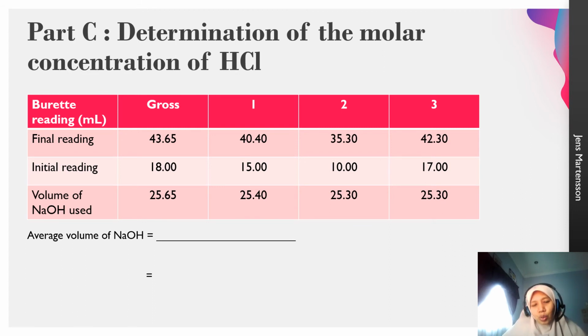Now, as usual, just like before, the average volume should not include gross volume. That means we only consider 25.40 plus 25.30 plus 25.30, right, over 3, and that gives you the average volume of NaOH.